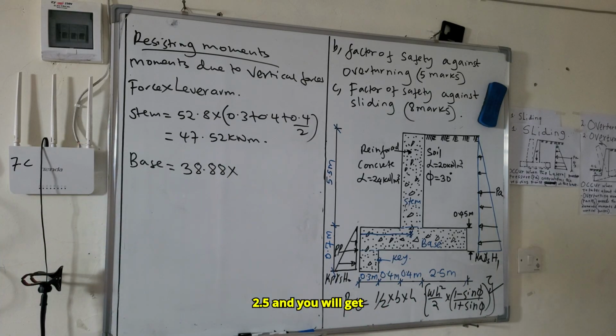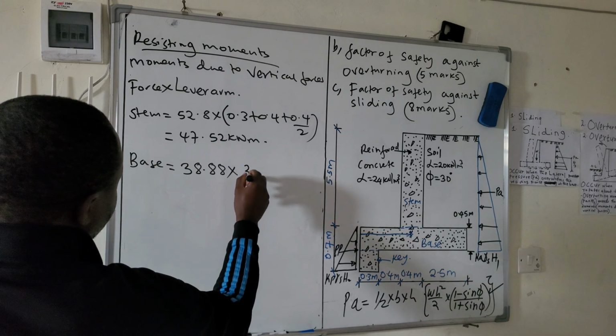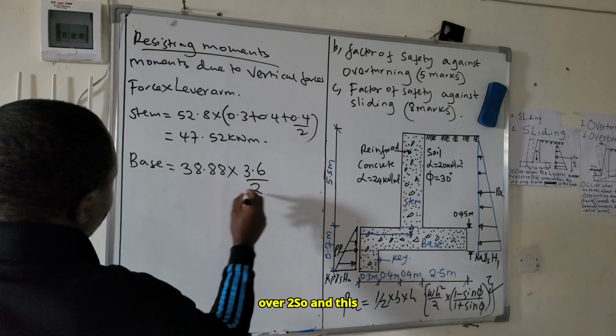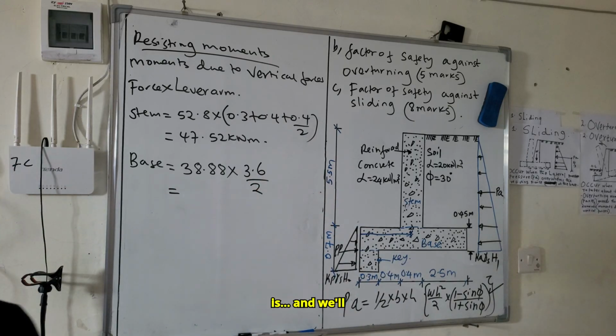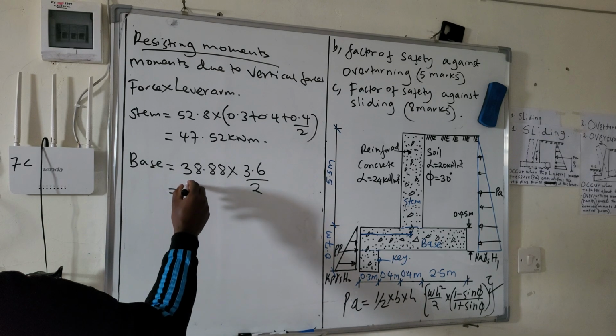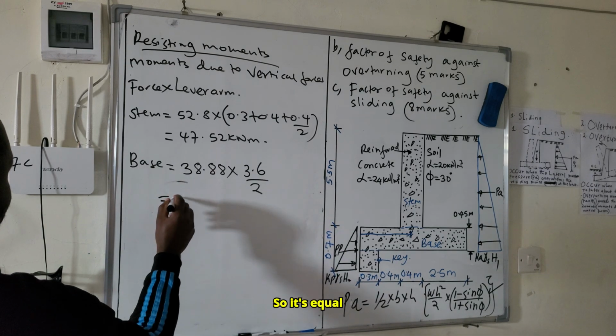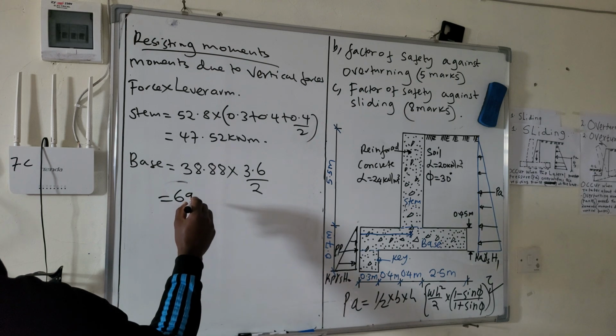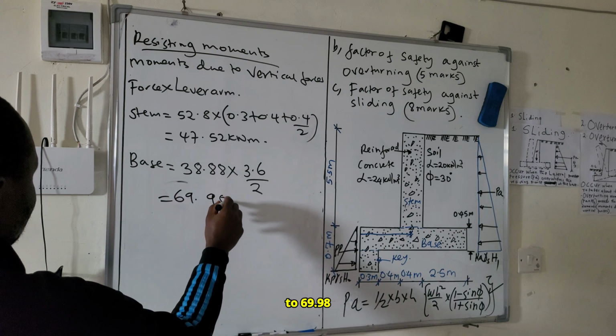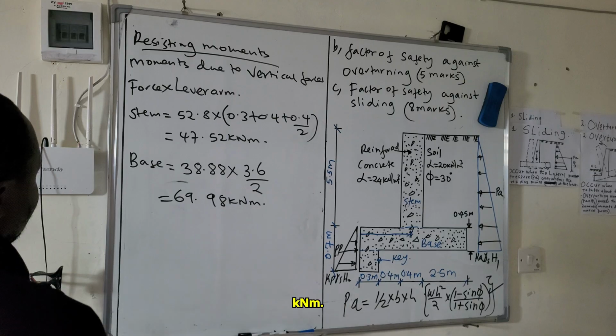And you will get 69.98 kilonewton meter.